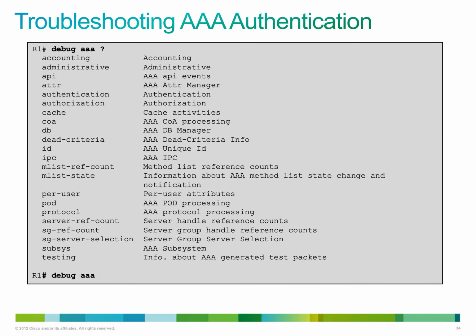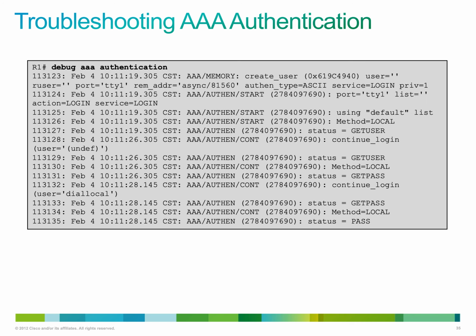So, troubleshooting AAA authentication is the same thing. All you need to type is router 1 hashtag debug AAA. Once you do that, it will troubleshoot AAA. Still on that, router 1 hashtag debug AAA authentication.